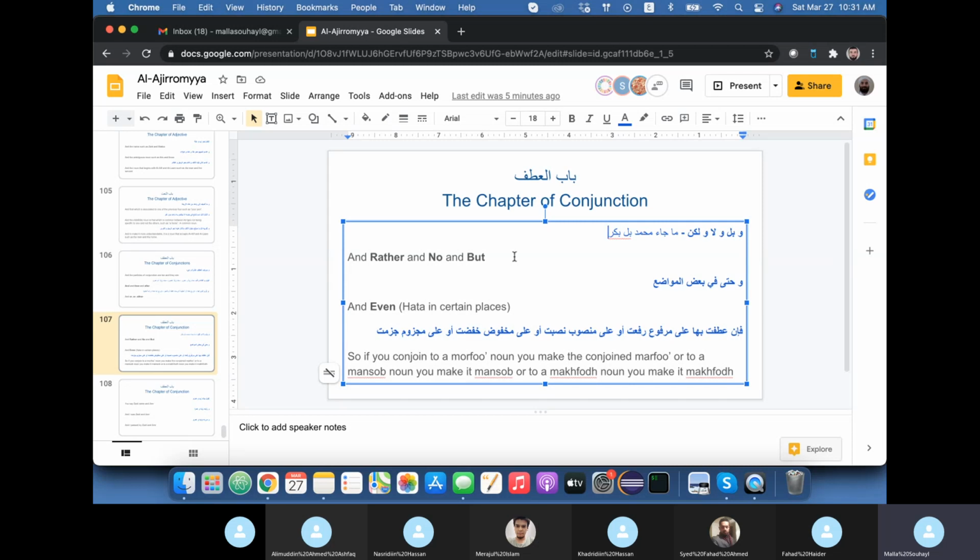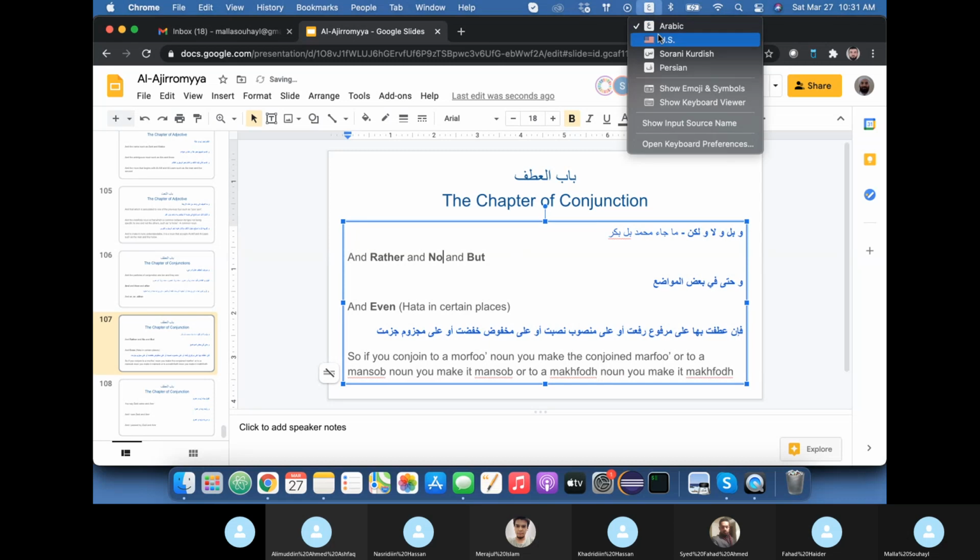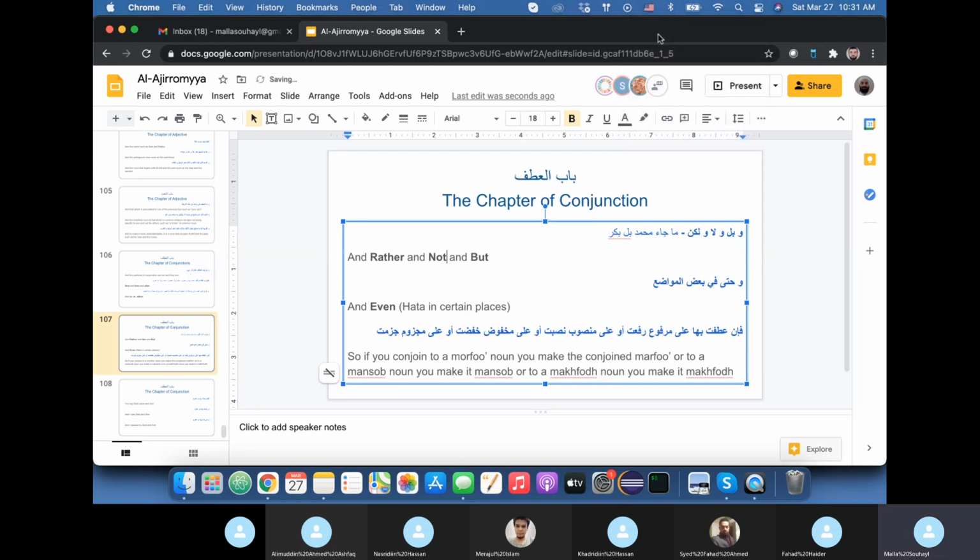But in the case of bal, you are confirming the ruling for what comes after, not what comes before. An example for la would be جاء بكر لا خالد. Bakr came, not Khalid.